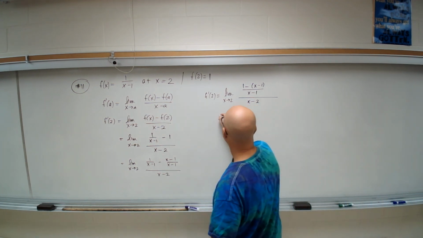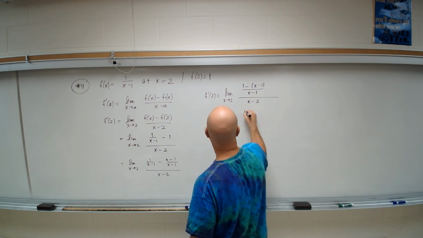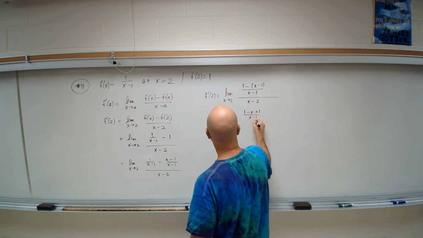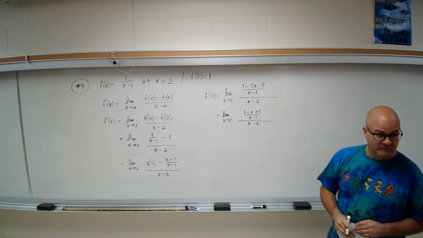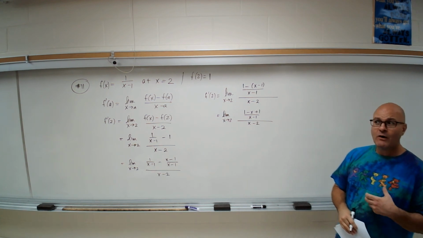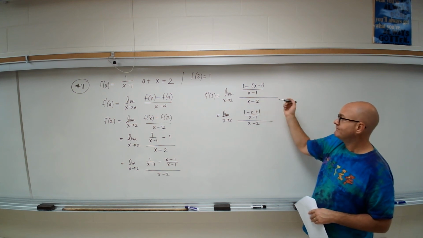So from here, we get 1 minus x plus 1 over x minus 1 over x minus 2. Again, if you're at all having trouble, as many steps as you can show is more helpful. Well, we know 1, we got that.